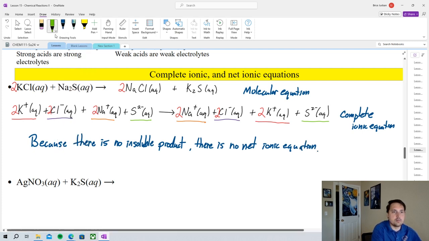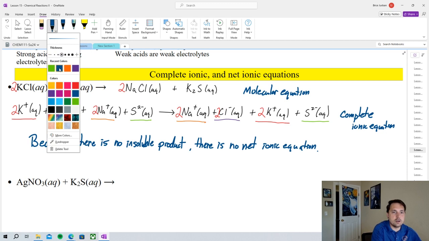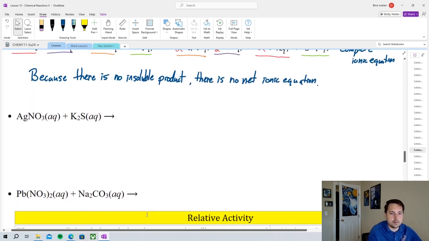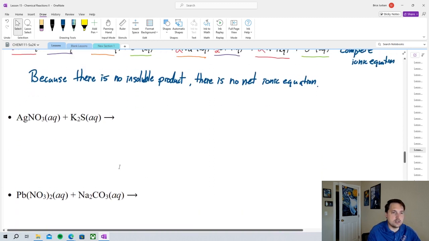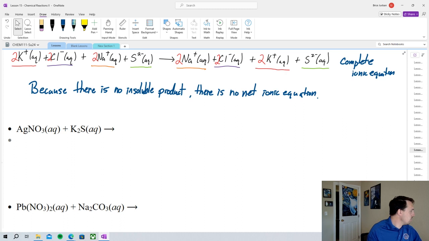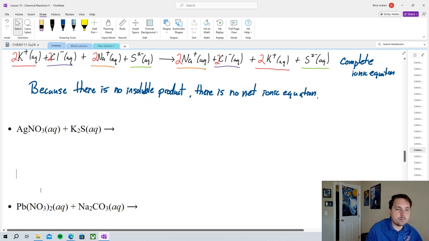Okay. Now moving on, let's go ahead and look at one that we can write one for. If I look at the reaction between silver nitrate and potassium sulfide, yep, that's going to work. We will be able to exchange the potassium and the silver.